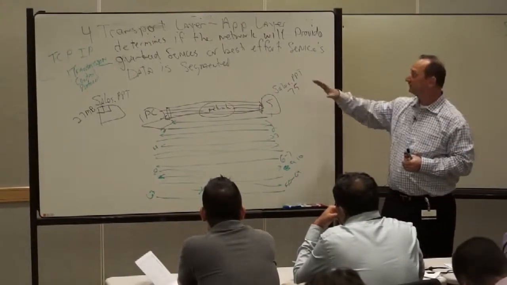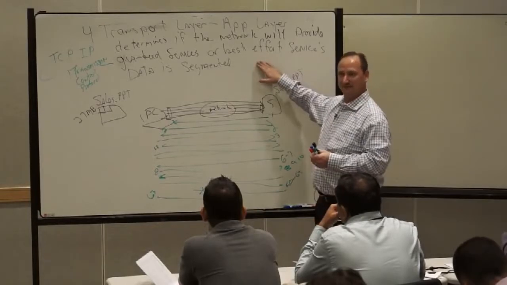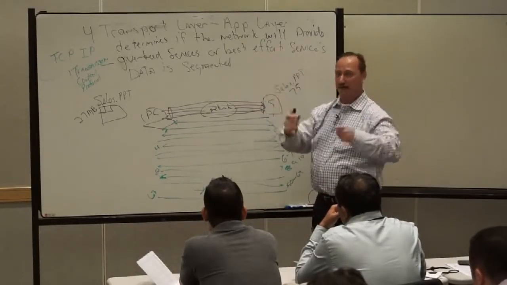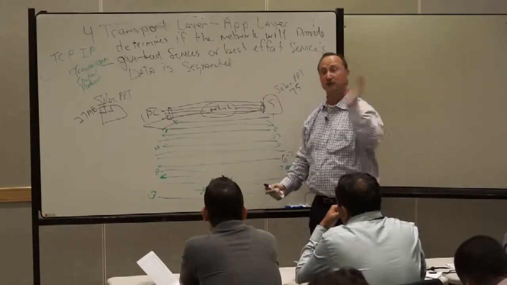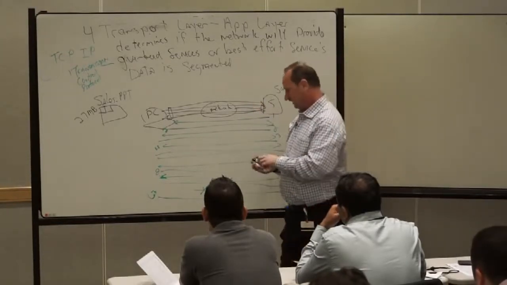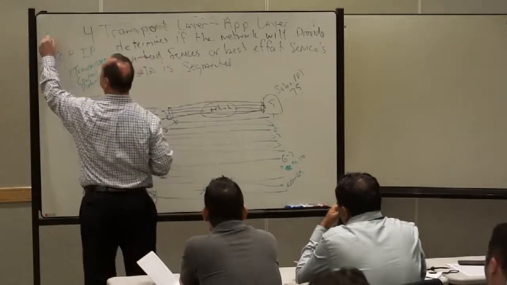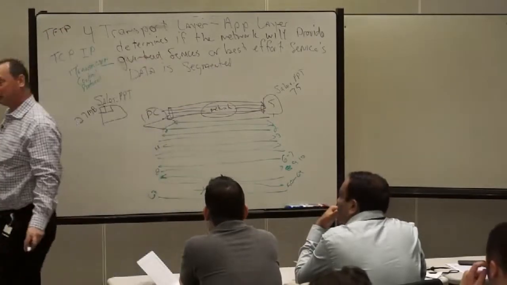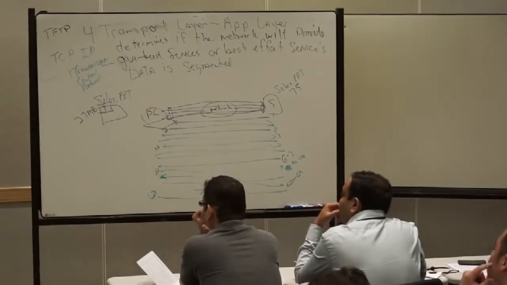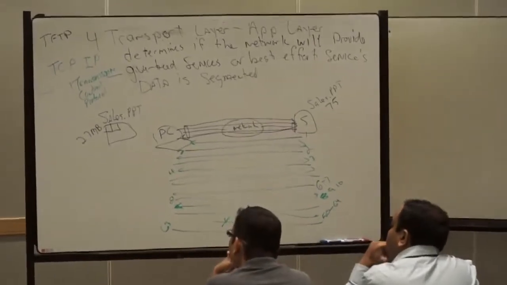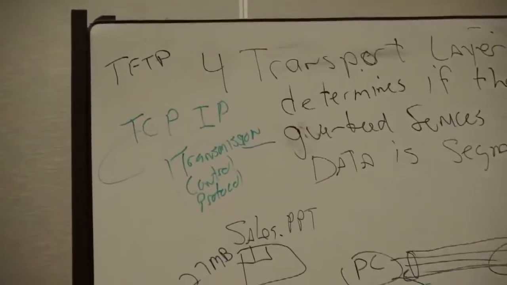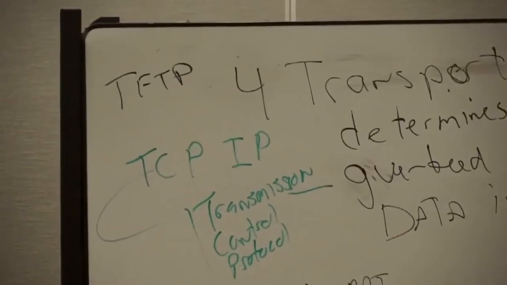Now, there's best effort. There's another application layer protocol that you could choose to move a file across a network. It's called TFTP, Trivial File Transfer Protocol. It's an application layer protocol. And if you look at its definition, it says it moves a file across a network without reliability.